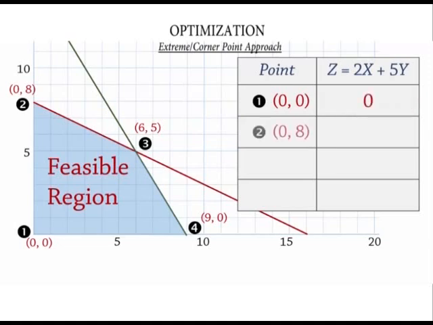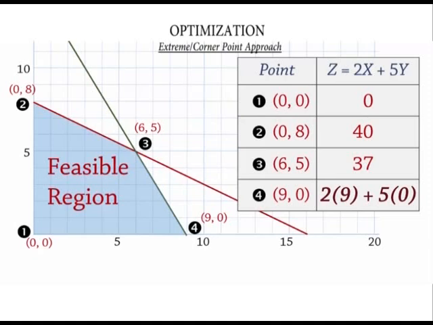At point 2, we have 0, 8, and so the objective function value will be equal to 2 times 0 plus 5 times 8, giving us 40. At point 3, 6, 5, z will be equal to 2 times 6 plus 5 times 5, giving us 37. And at point 4, 9, 0, z will be equal to 2 times 9 plus 5 times 0, giving us 18. There we have it.